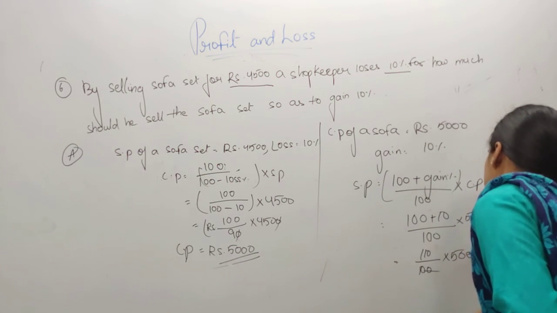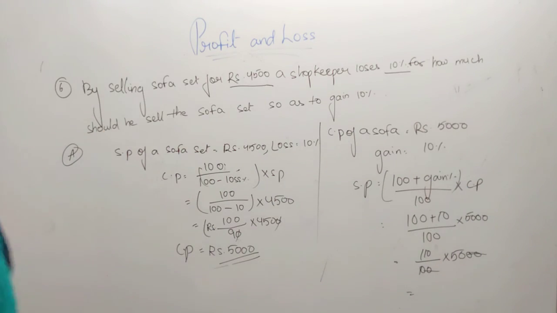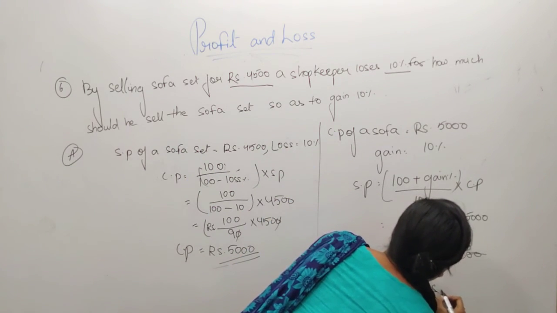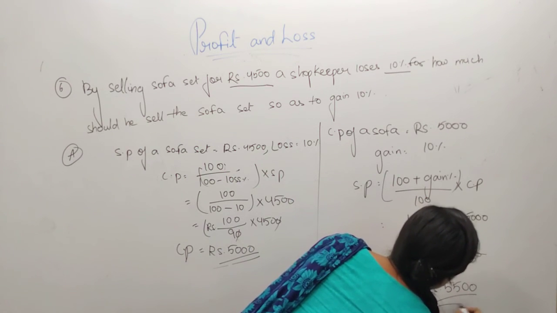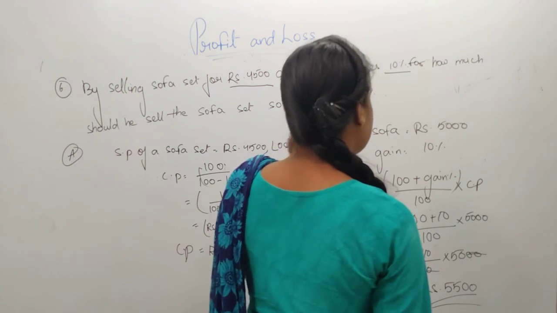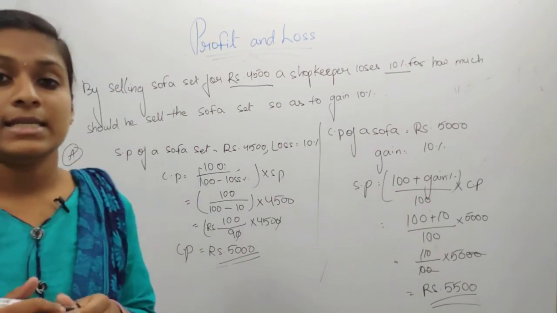By doing the cancellation, what final answer will we get? Rupees 55,000. This is rupees 55,000. This is the final answer we got. Okay, let's see in the next class.